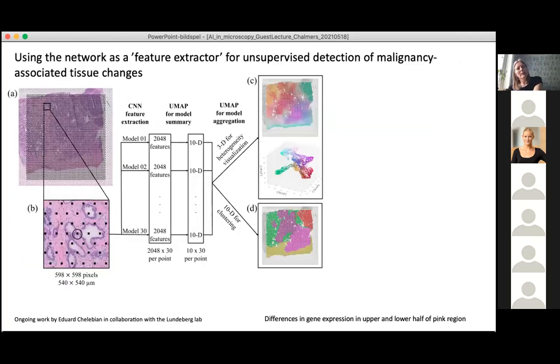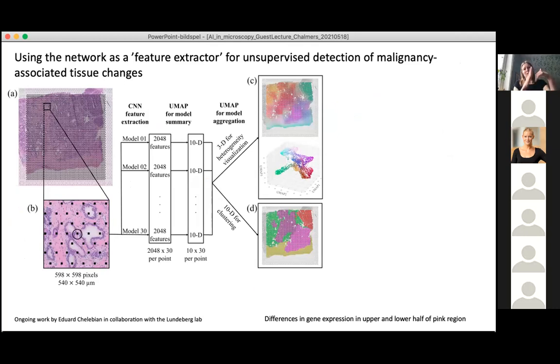And one thing that we have been trying just to see the potential of this is to go back to the network that I just presented for the prostate cancer grading and reuse it, not use it for classification, but use it as a feature extractor.